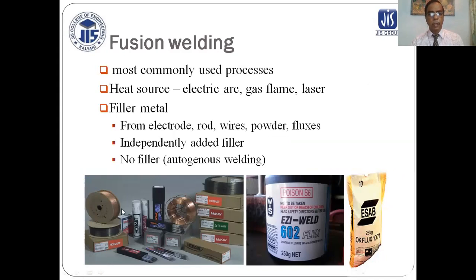These are the wire and electrodes, and this is flux, and this is agglomerated flux that is used for submerged arc welding.